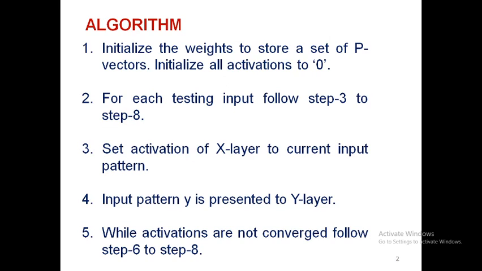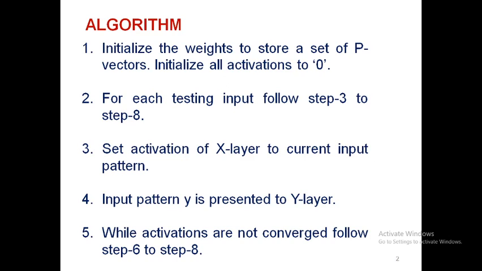Then the corresponding output will be assigned to the Y layer. For that Y layer, that output will be treated as an input layer. That's why in the 4th step, the input pattern Y is presented to the Y layer. So actually here we are considering the X layer as an input and the Y layer as an output. That's why in the 3rd step we are giving the current input pattern to the X layer.